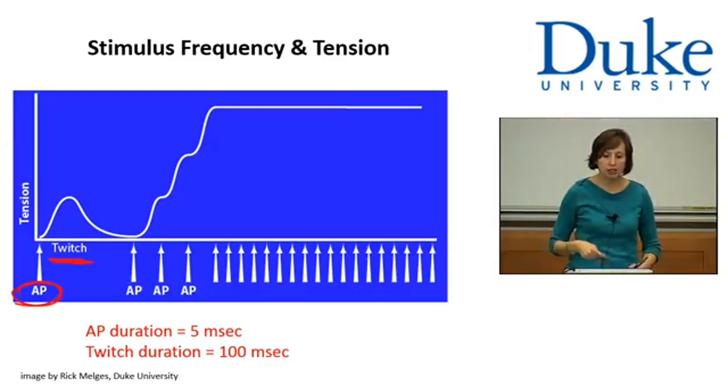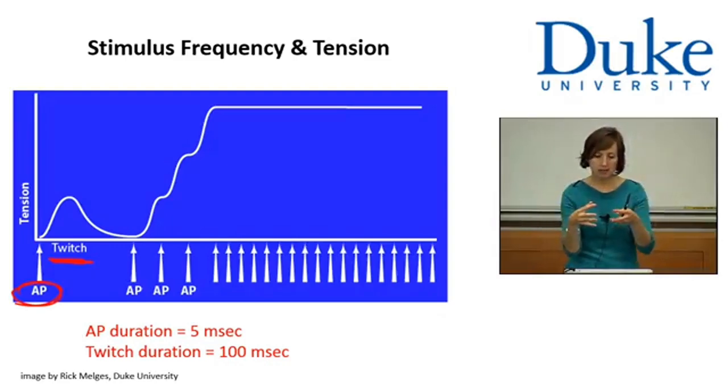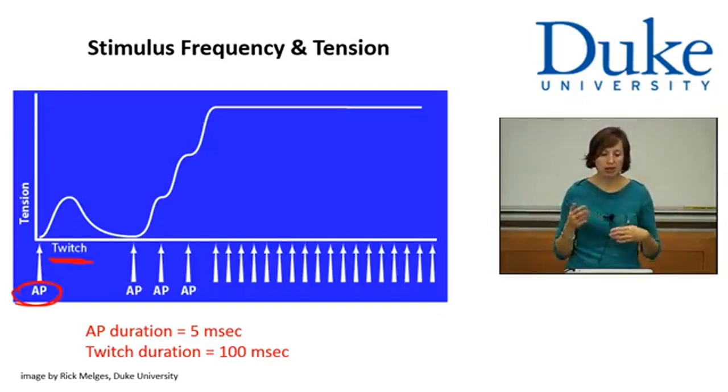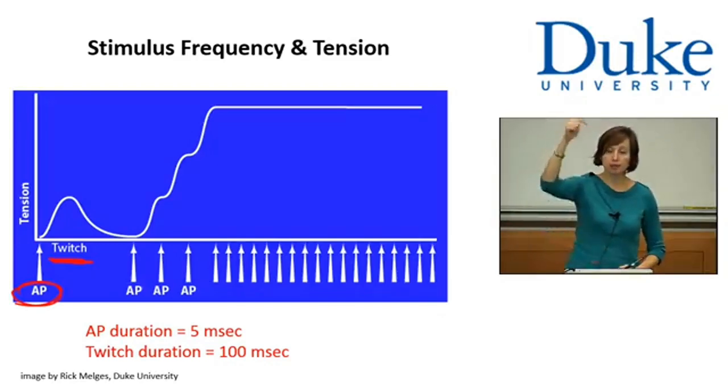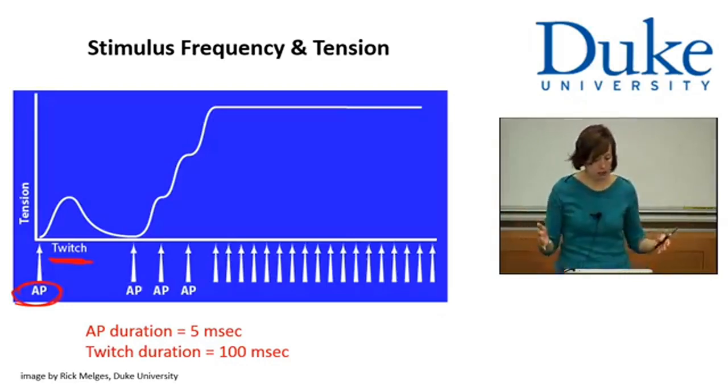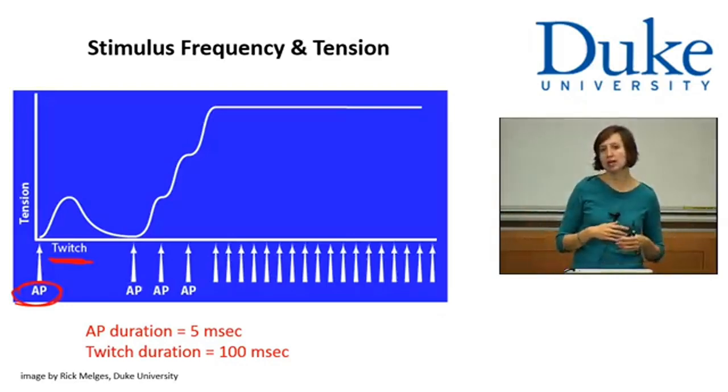And as you can imagine, it takes time for the calcium to diffuse into the myofibril and to bind troponin, cause tropomyosin to come off the actin to allow for the myosin to go through its cycle. And so because of this pretty quick decrease in calcium, with a twitch we do not have maximal tension generated. So we have tension, but it's not maximal with a single action potential.